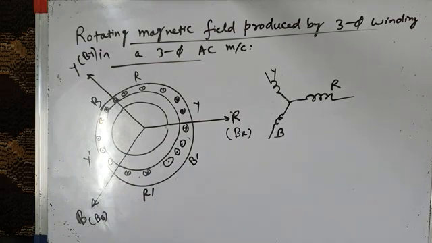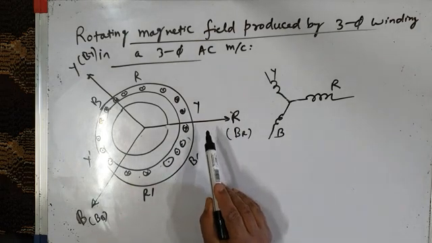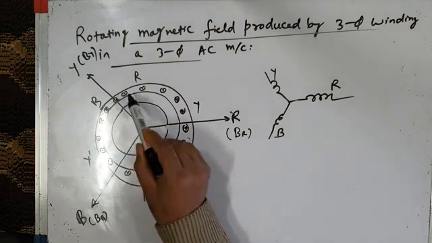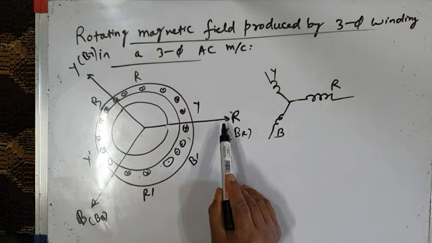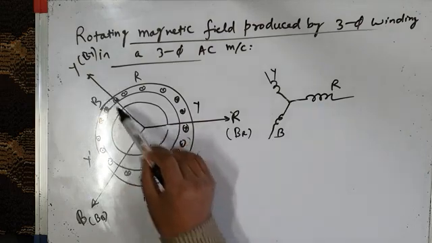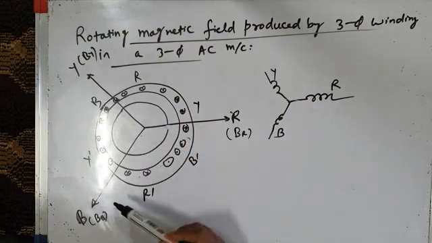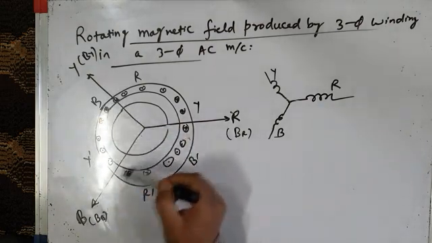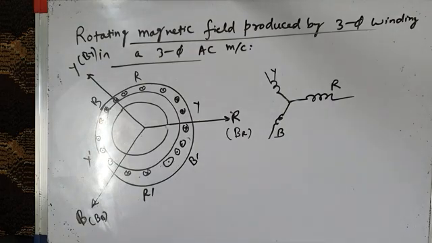Now, if you take these windings individually, the current in R phase winding will produce a pulsating magnetic field. The current in Y phase winding will also produce a pulsating magnetic field, and current in B phase winding will also produce a pulsating magnetic field.